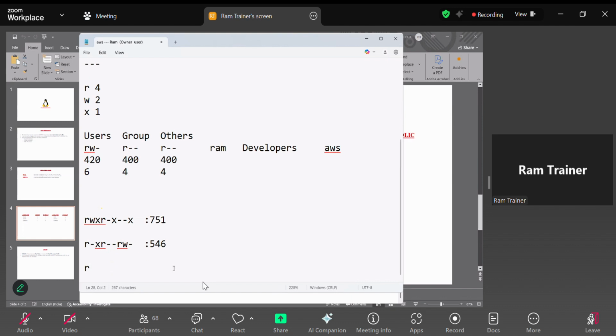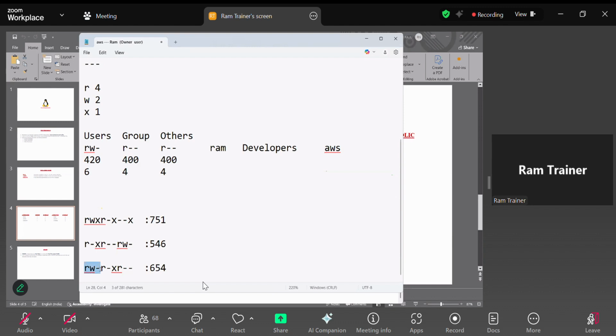Next activity. Can you tell me: read write hyphen, read hyphen execute, read only? What is the value of this? 654.